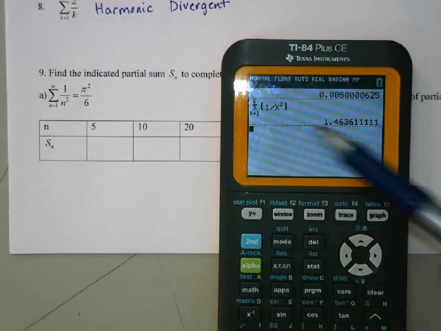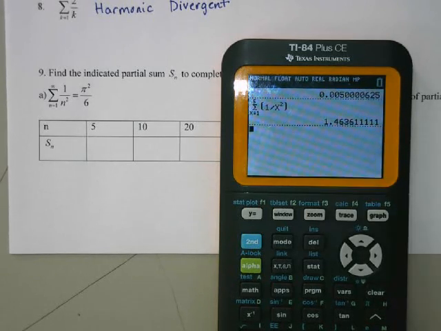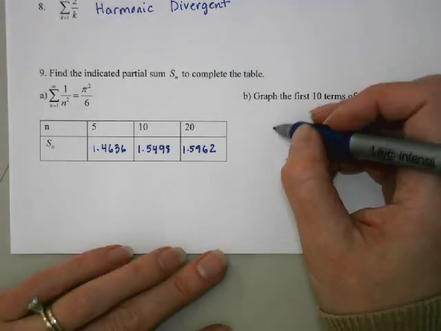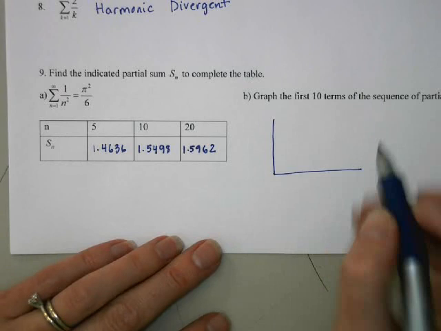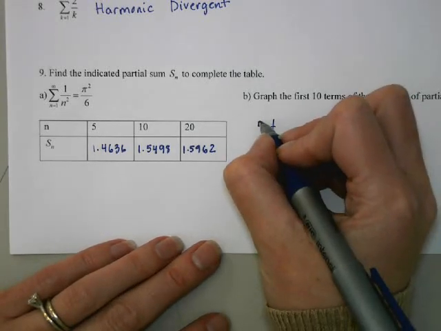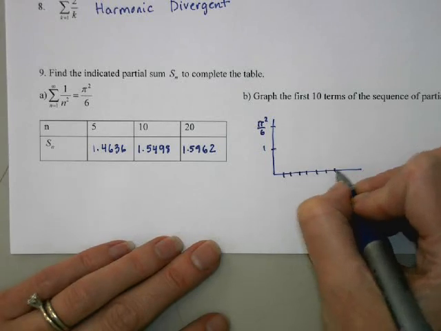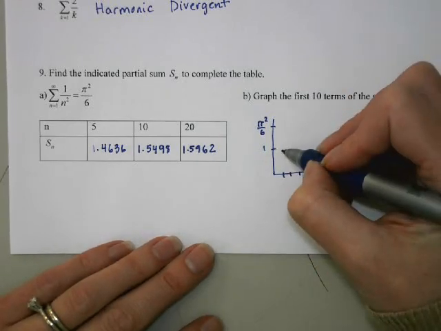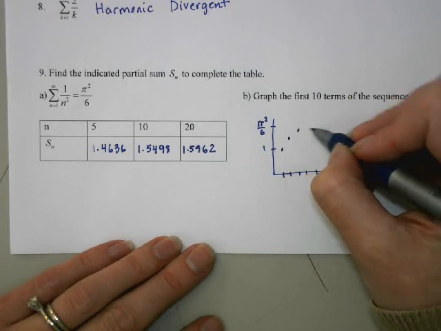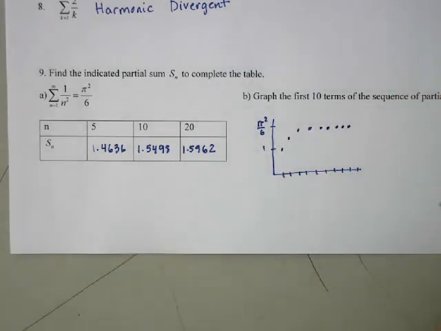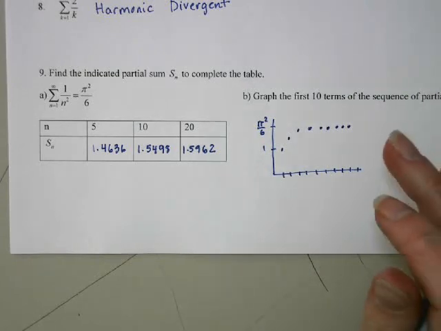So we can do that to find a finite sum. So we can repeat that for 10 and 20. The graph, you could do them all individually, but in general, it's just going to approach that pi squared over 6, and go like that.